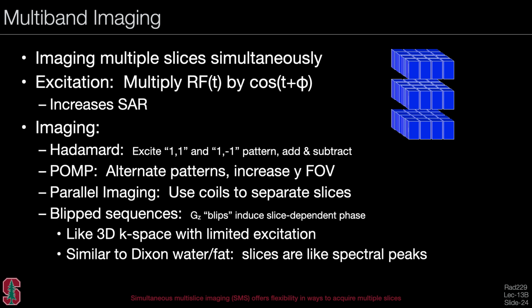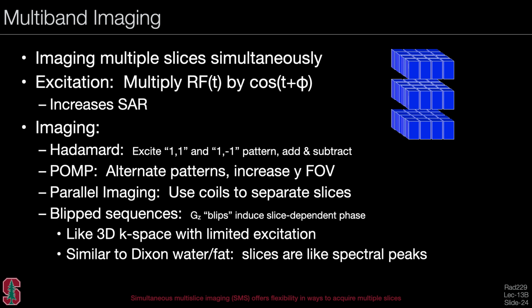Now when it comes to the imaging, there are a lot of different ways to do this. We can design this 2-slice scheme so that we excite the slices in a 1, 1 or a 1, -1 pattern, and then add and subtract these. This is a Hadamard encoding approach that can be extended to more slices. We could do POMP, or phase offset multiplanar, where we alternate the excitation patterns and increase the Y field of view, and we're actually able to encode our two slices into the in-plane field of view.